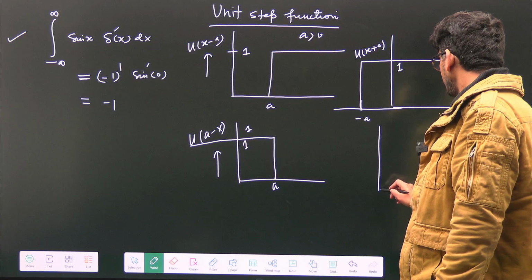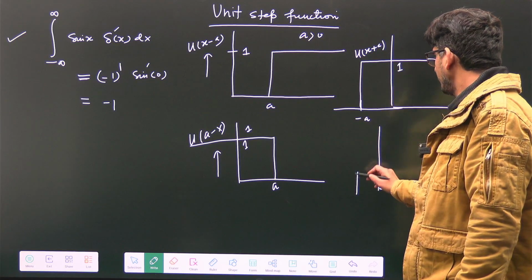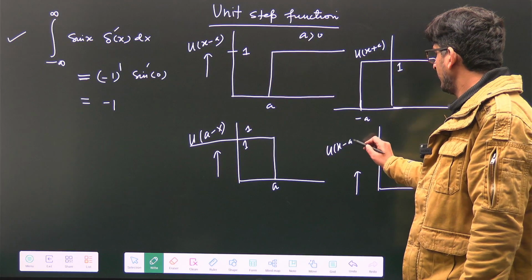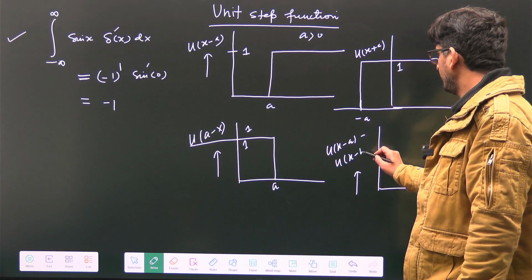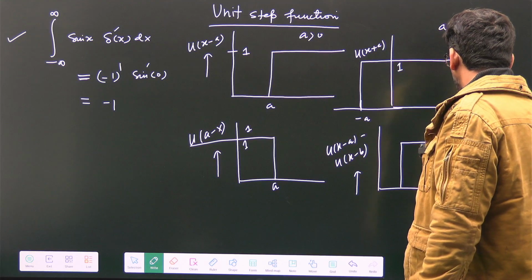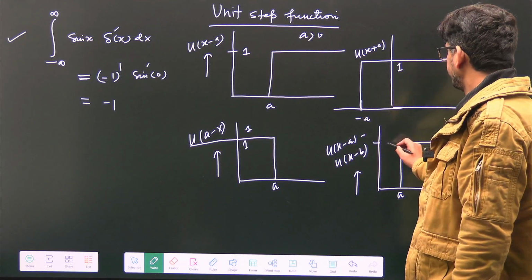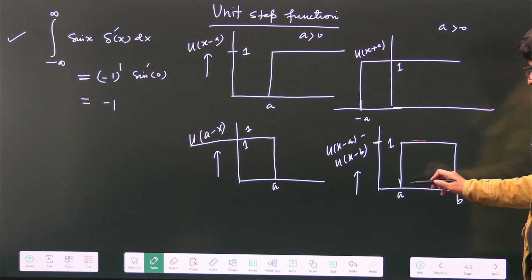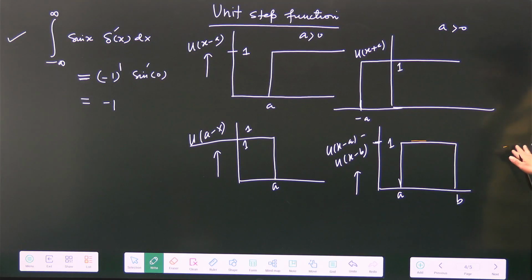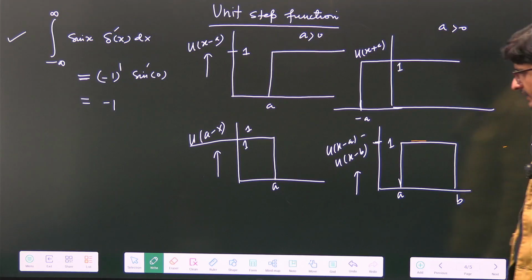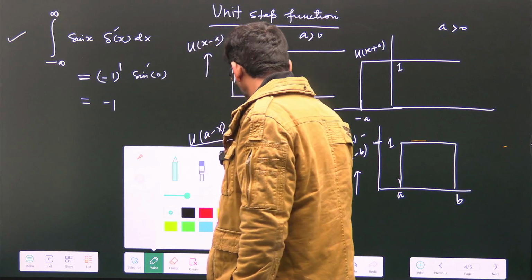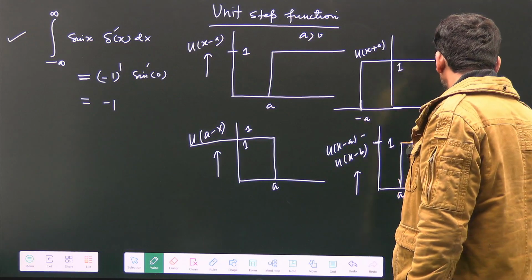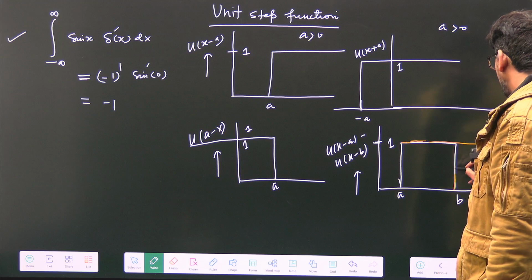And if I write a function which is u of x minus a minus u of x minus b, it will become a barrier function between a and b. क्योंकि a के बाद 1 होगा और b के बाद 1 होगा, तो when you subtract, that part will be wiped out. After a it is 1 and u of x minus b is after b it is 1.